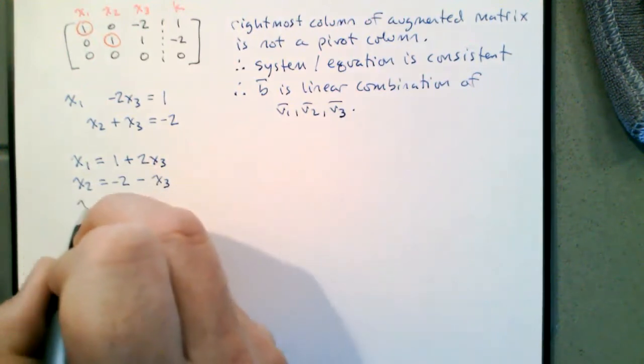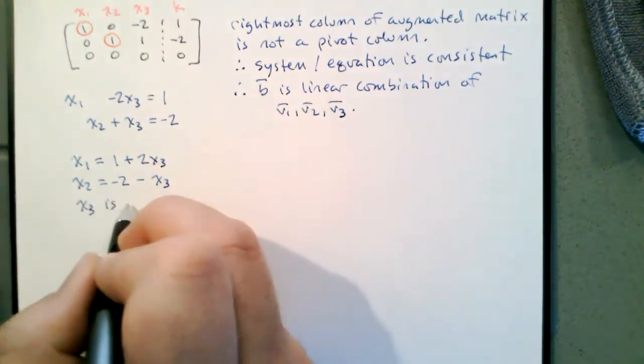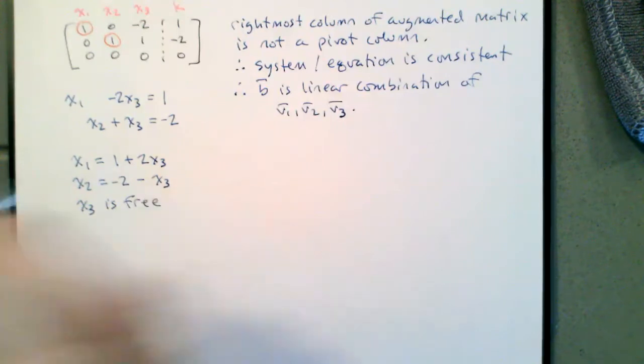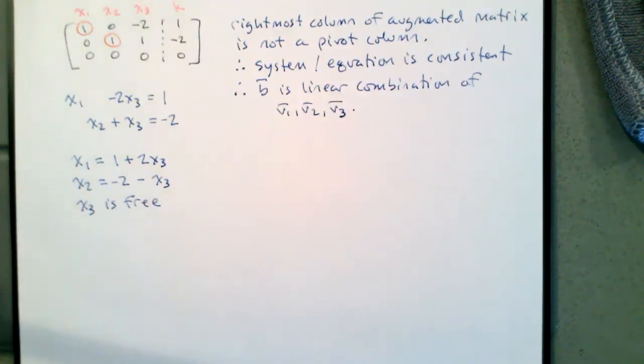And I'm going to make a note that x3 is free. Always just write your variables in order, x1, x2, x3, x4, x5, just top to bottom. When you hit the free variables, just write is free to make sure you get them all. When I write x1 equals 1 plus 2x3, I have implied that x3 is a free variable.